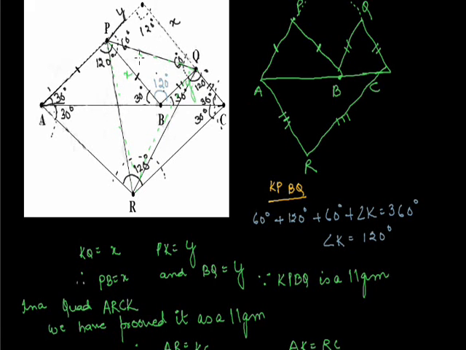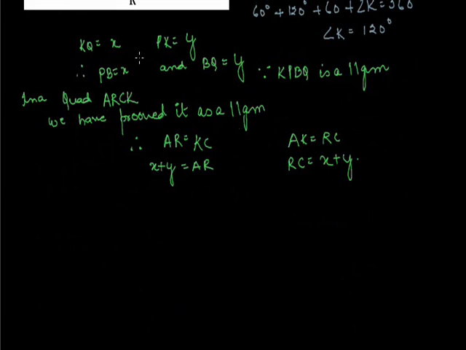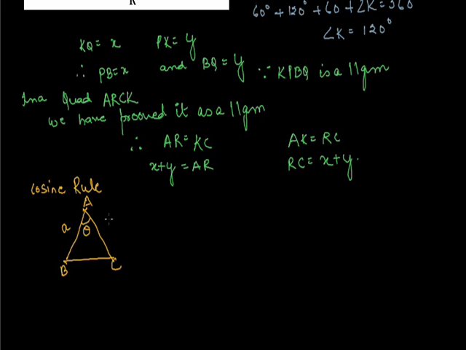Okay, now first we'll be seeing the cosine law. What is it? Cosine rule. If I'm taking this triangle, this angle, AB side is equal to c, AC side is equal to b and BC side is equal to a.